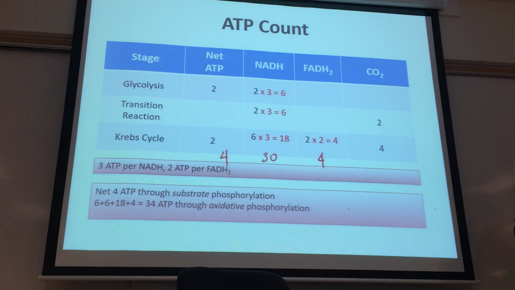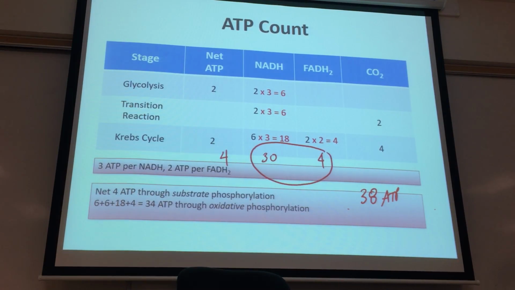So we sum up our 30 and our 4, and that gives us 34 through oxidative phosphorylation, plus 2 net ATP through substrate phosphorylation.